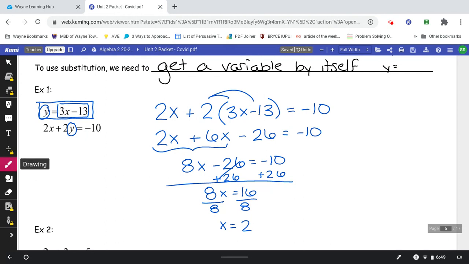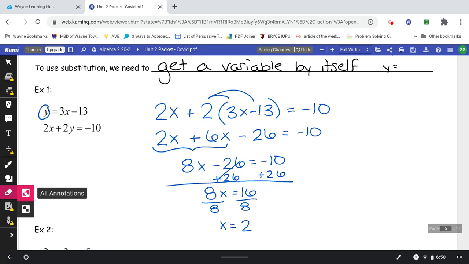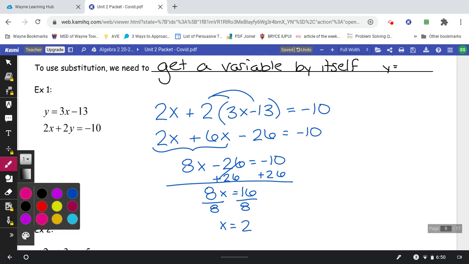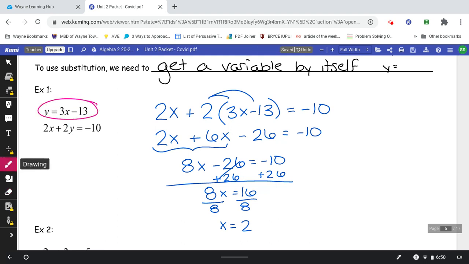Now, just like before on our substitution, that's only one part of the answer. We have to get the other part. So I'm going to substitute it back in. Let me erase some of this stuff over here for us. And I'm going to substitute it back into this top equation. That's going to be the easiest place to substitute it in. So it's going to substitute in for the x.